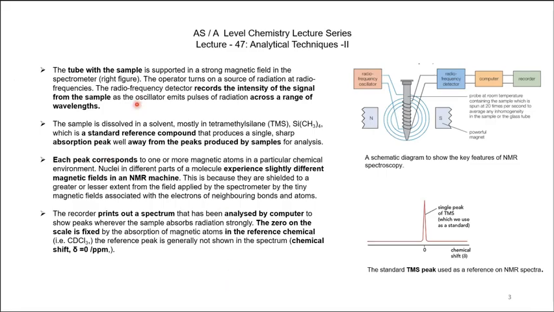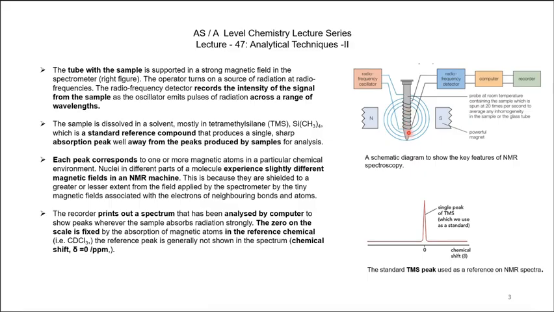When we analyze a sample in an NMR spectrometer, we take the sample in a tube and dissolve it in a suitable solvent, along with a standard reference compound.